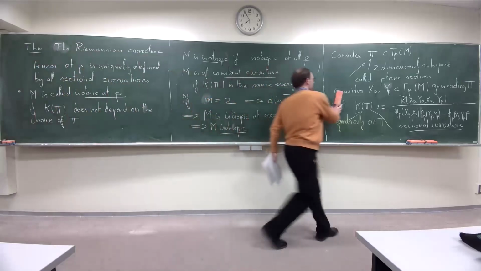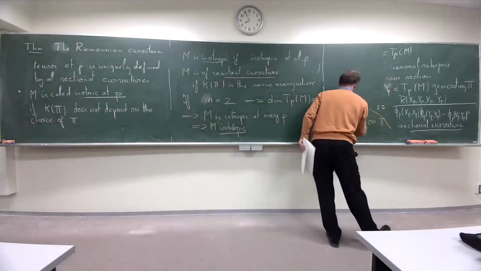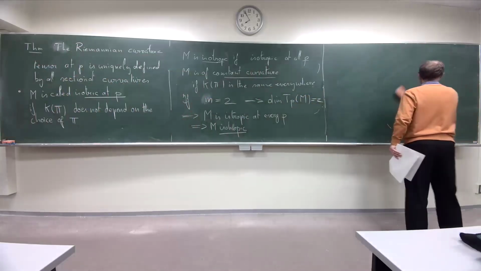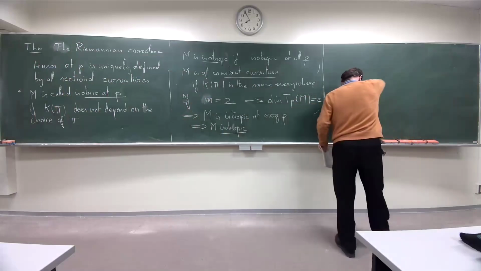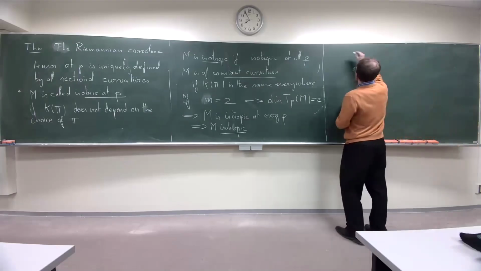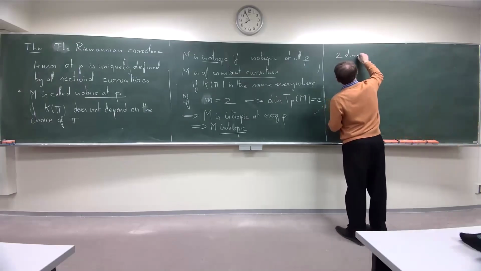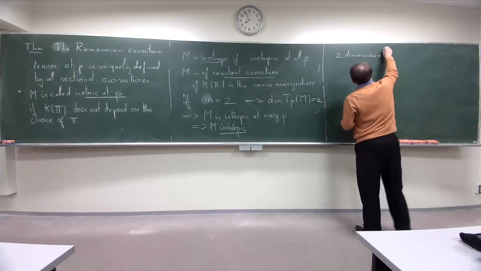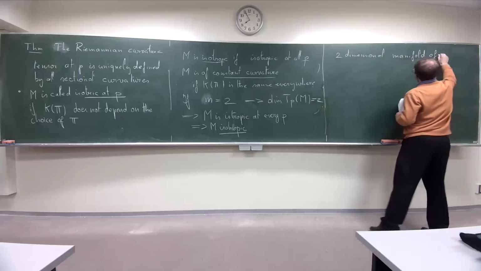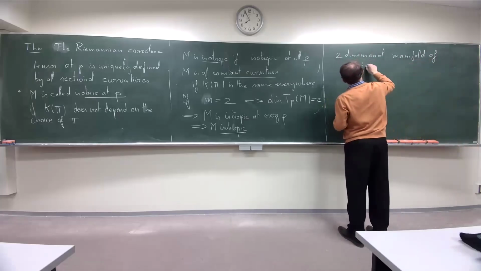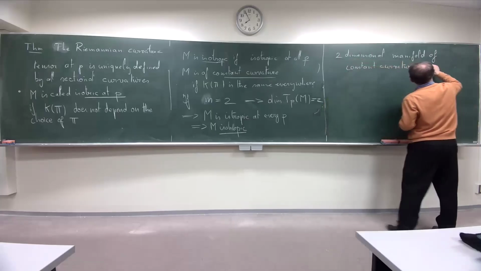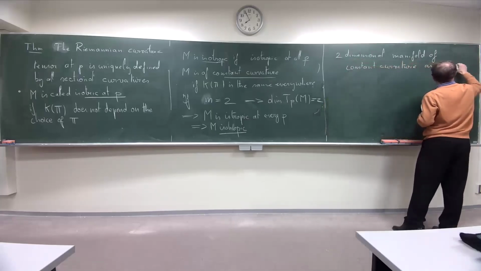And just some of them will be of constant curvature, if this value is the same everywhere. And you can check on the internet: two-dimensional manifolds of constant curvature play an important role, in the following sense.